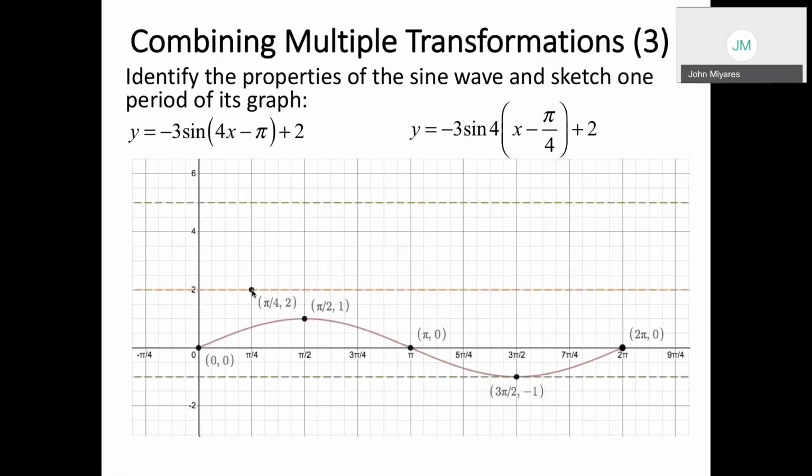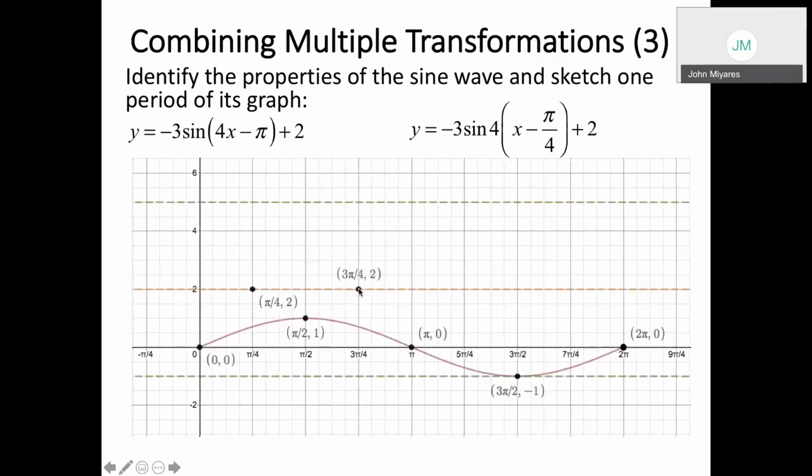Next, we said because the b value was 4, the wavelength was going to be 2 pi over 4, which puts the end of the wave here at 3 pi over 4, comma 2. Now note, the horizontal distance between this starting point and the ending point of the wave is going to be pi over 2. 3 pi over 4 minus pi over 4 equals pi over 2.